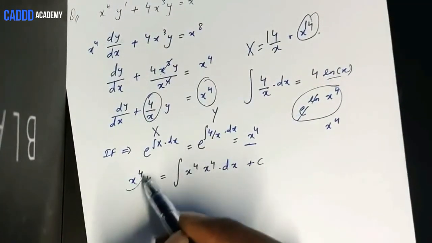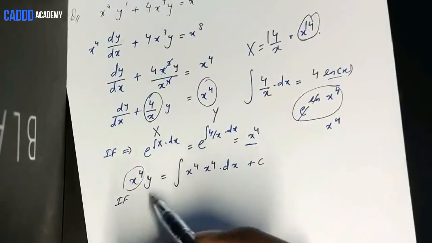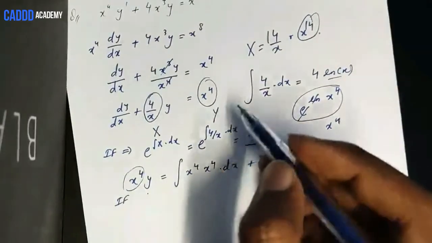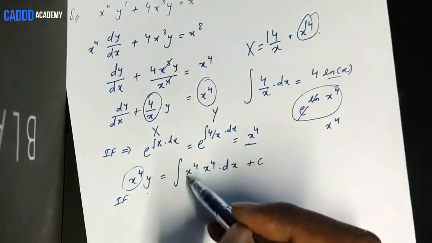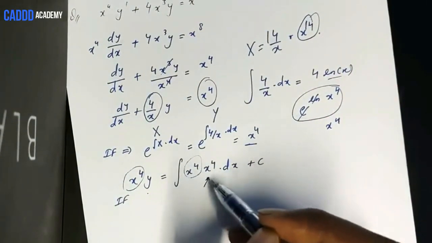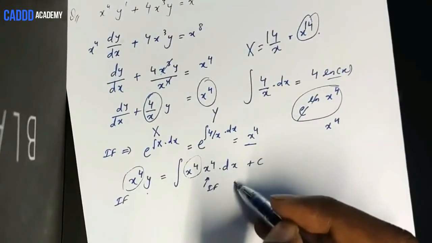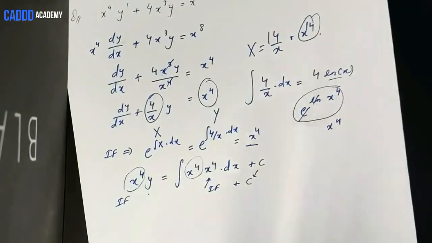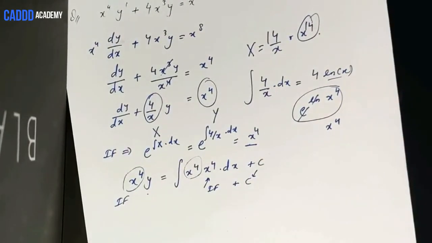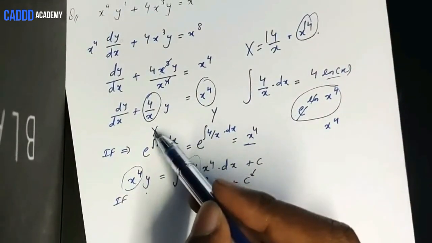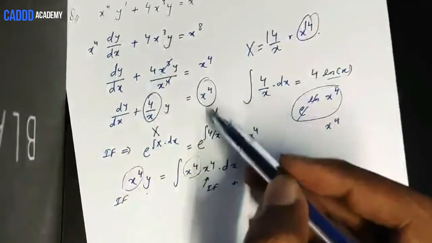Integrating factor into y, then this thing multiplied with the integrating factor and integrate the whole thing, plus this c, is the solution of the differential equation. We had assumed that it is x, it is y.